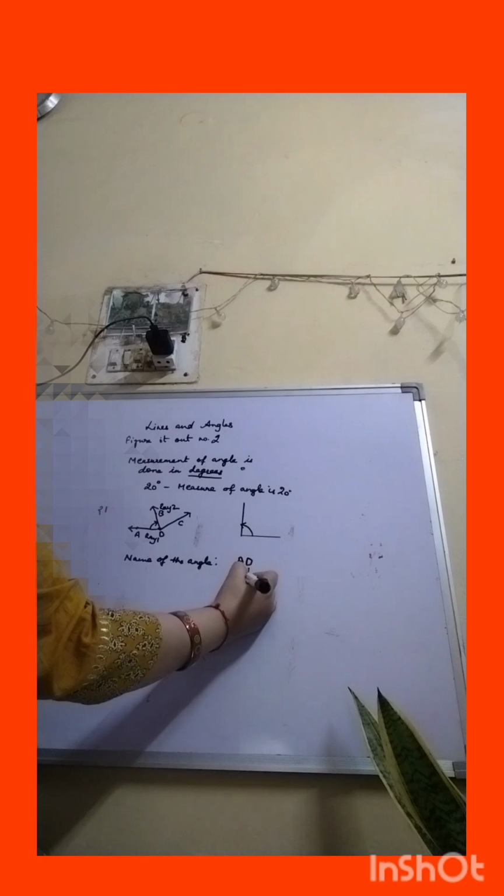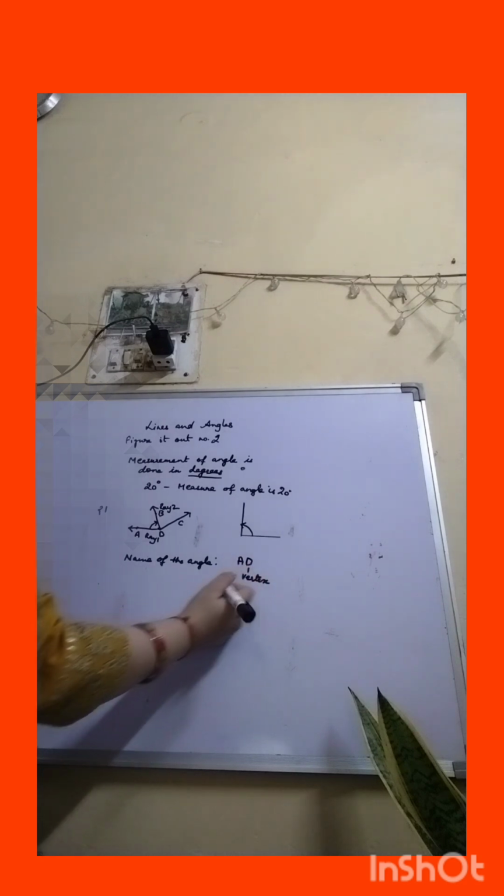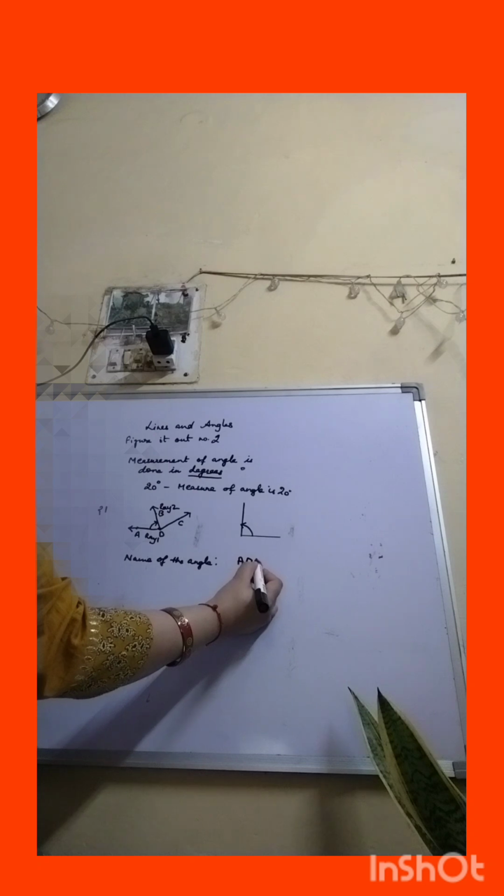First endpoint is A, and then comes the vertex D. So D is the vertex, and then the ray is DB, which is B. So this is the first angle that I have marked and named. The symbol for angle is angle ADB. Any one of the angles they have asked for, so we will name only one.